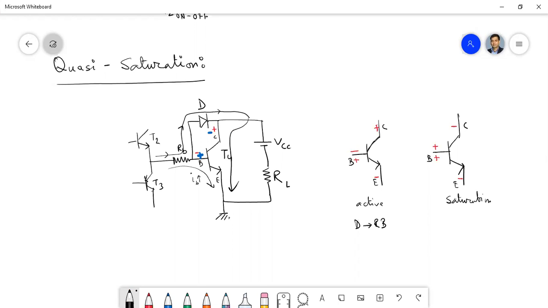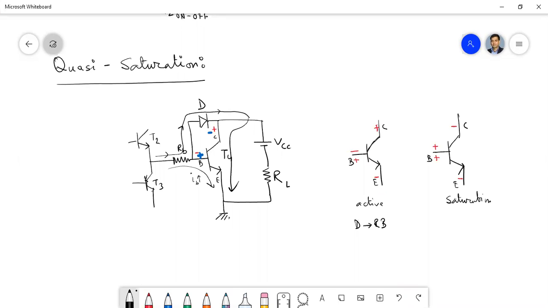So the transistor which has already entered the saturation region, due to the reduction of base current, will return back to the active region. When it returns to the active region, again the polarity of the base collector will be reversed, and the diode will again be reverse biased.